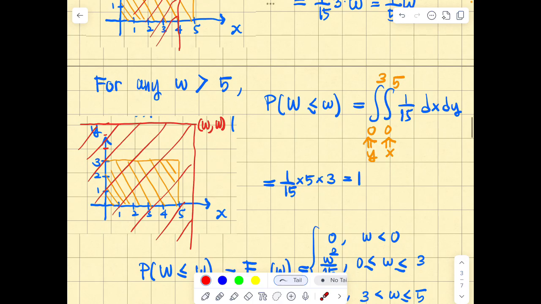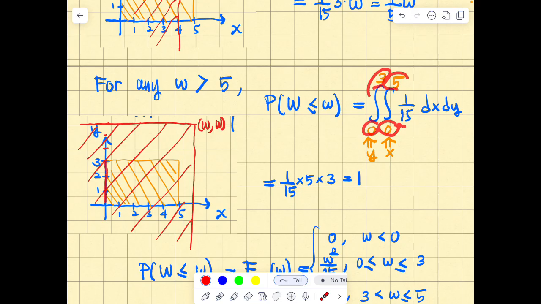If W is bigger than 5, that means the red region, where the coordinate of this corner is W and W, is going to cover the whole orange area, right? So we're going to integrate the joint PDF, which is 1 over 15, from 0 to 5 for x, and 0 to 3 for y.